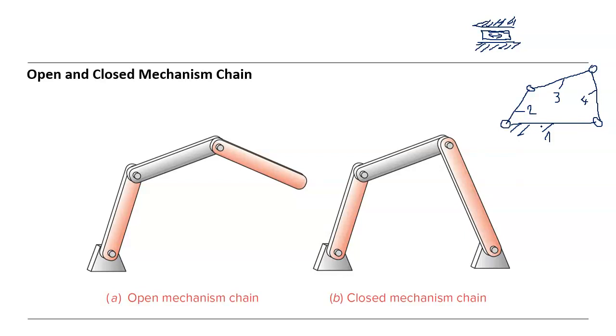So if we fix the part 1 here, that means grounded. Like this, or in some cases, instead of that, we use this type of indication. So this is also another possibility to use.